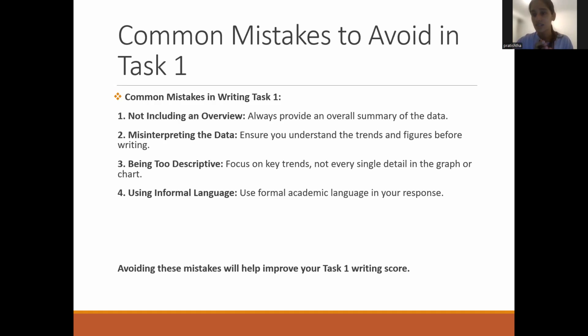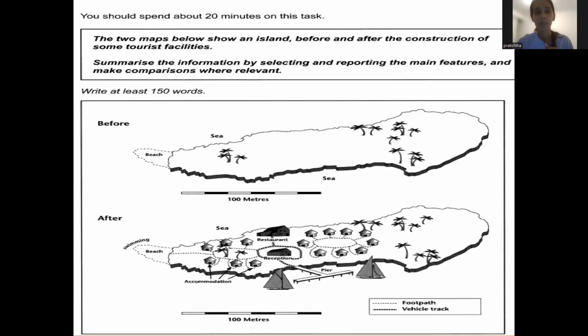So focus on key trends. Don't go overboard because you also have a 150 word limit. So I would suggest don't cross that. Try to stop after 145. And then using informal language, don't do that. Focus on formal language, right?